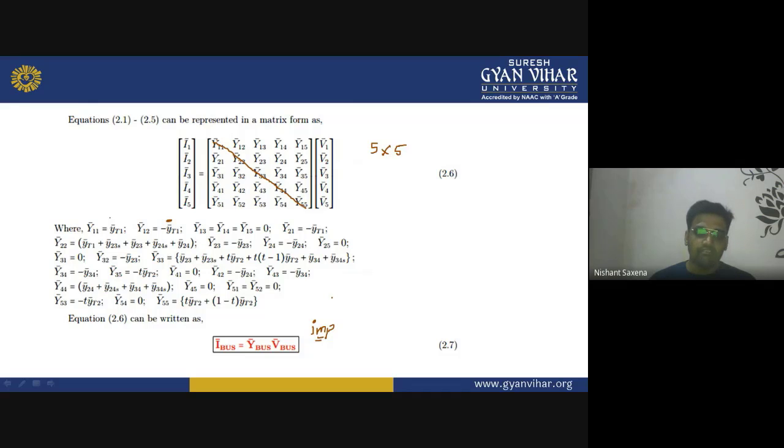And finally we have written it in a short form, that is I bus is equal to Y bus into the V bus. I hope this is clear to you.